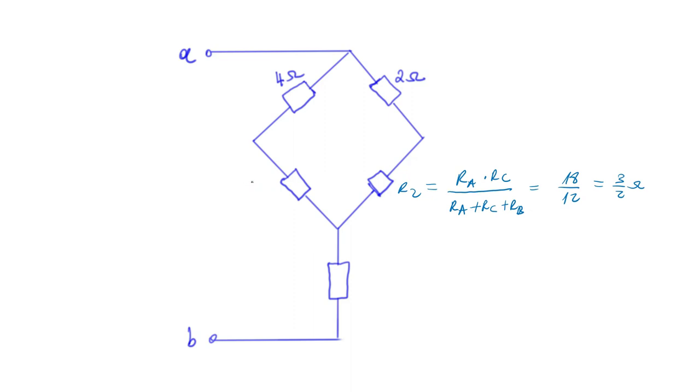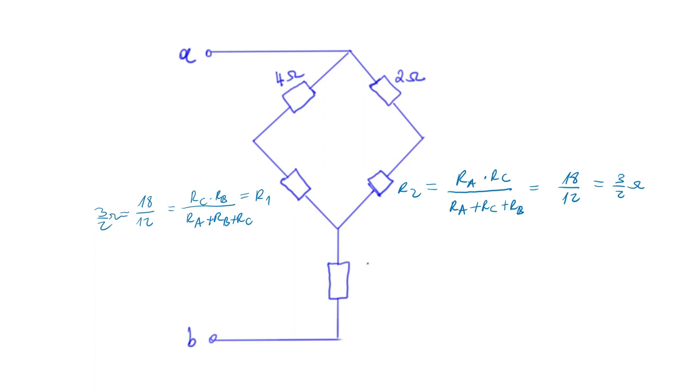And this resistance here, which we called R1, will just be equal to RC multiplied by RB over the sum of all the resistances we had there. And this is just equal to, same thing, 18 over 12, which is still 3 over 2 ohms right there.